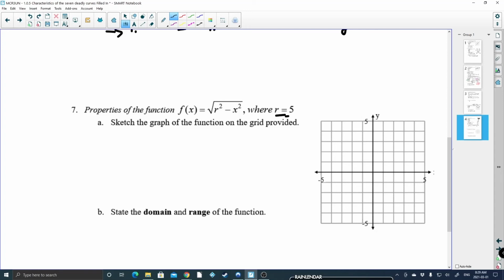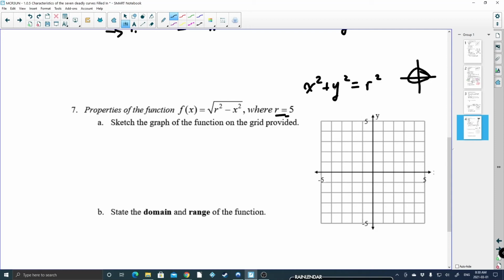Now, the fact that the variables are squared is kind of a hint as to what this graph is going to be. In grade 10, you probably saw the equation x squared plus y squared is equal to r squared. I don't know if you remember, but that is the equation of a circle. Sorry about my terrible circle.